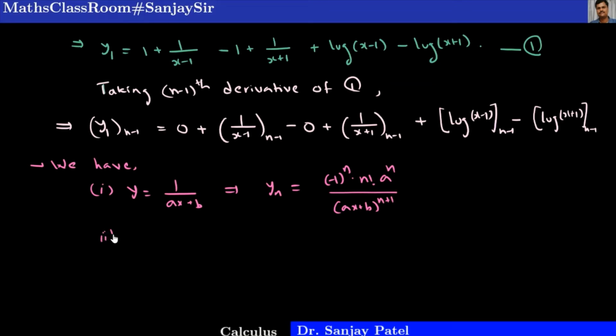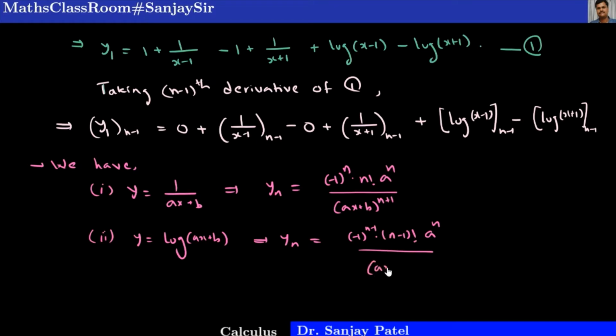And secondly, if we have y is equal to log of ax plus b, then its nth derivative yn is given by minus 1 raised to n minus 1 into n minus 1 factorial, and this is as it is, a raised to n upon ax plus b raised to n.